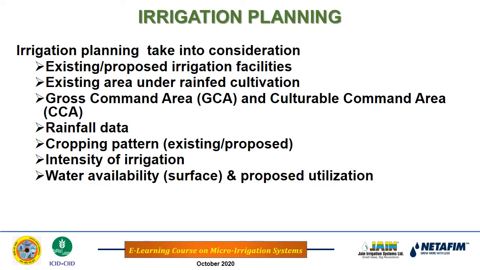So the existing cropping pattern is very important for deciding on our project cropping pattern, the one which we would be planning and estimating to support through our irrigation system.